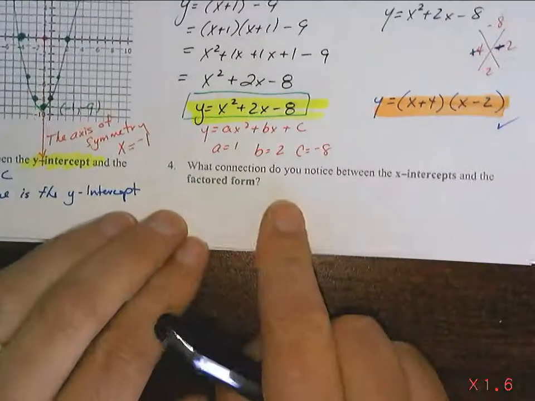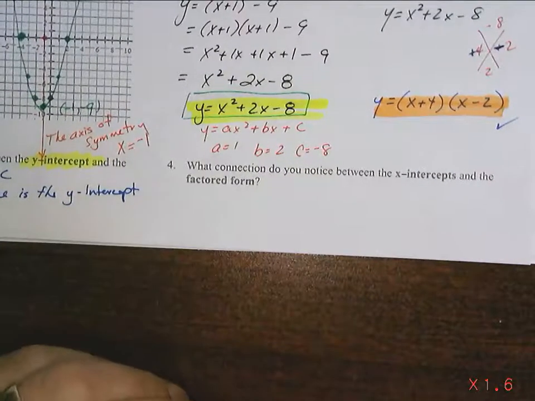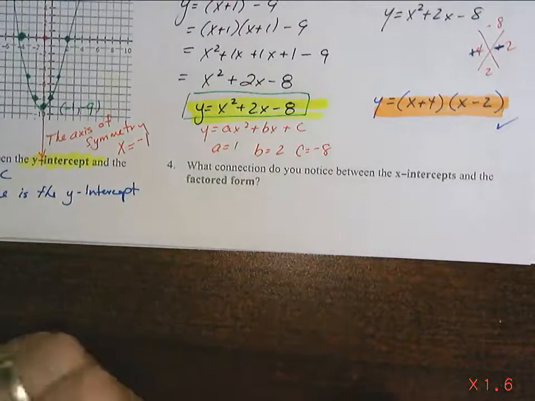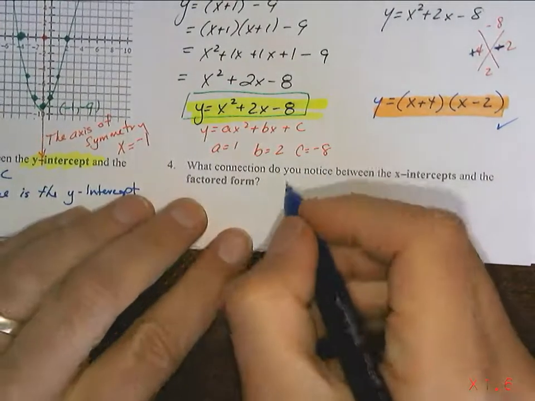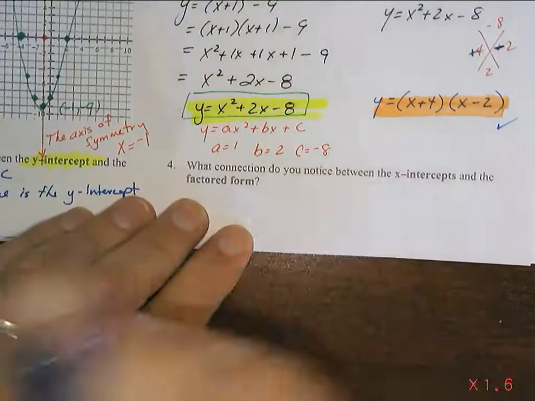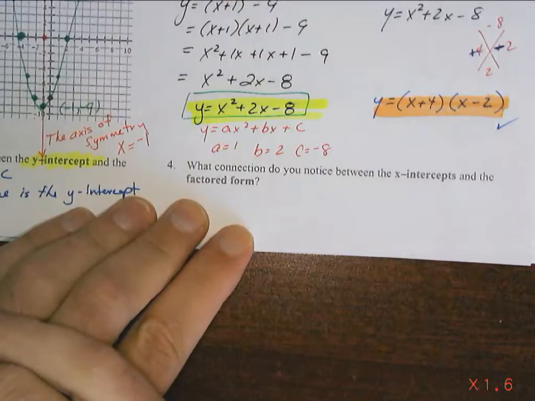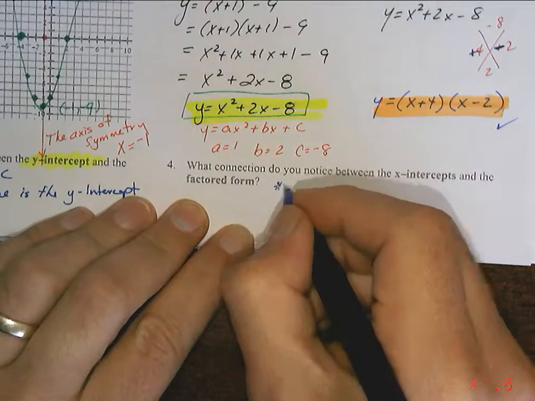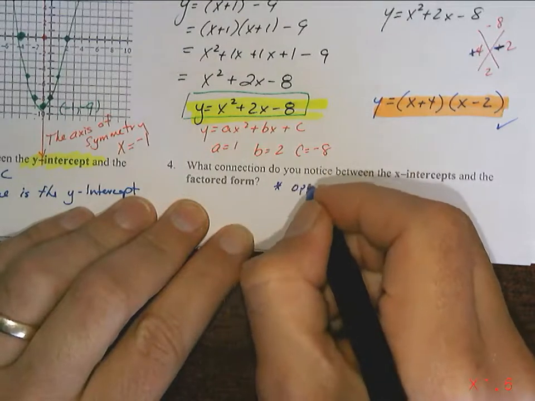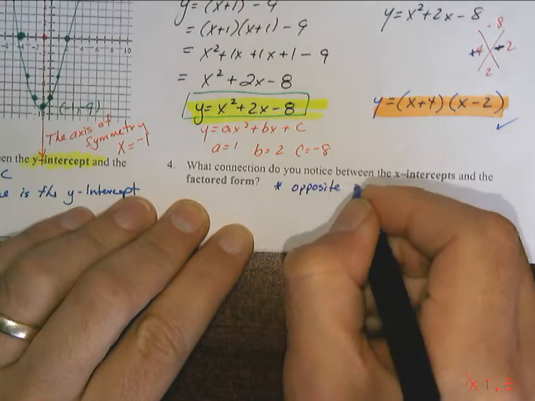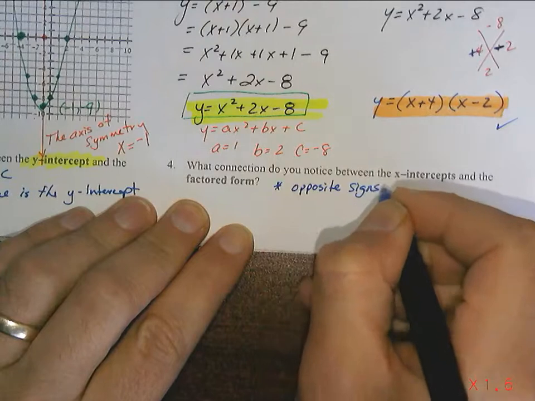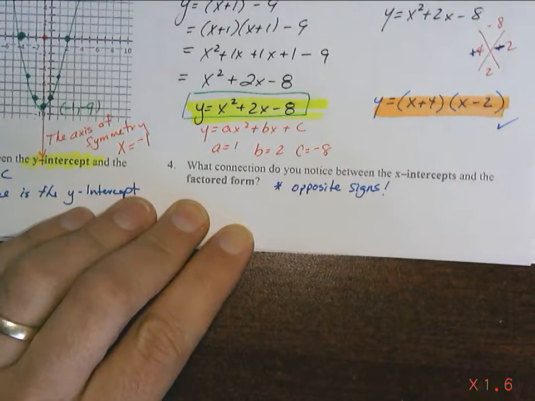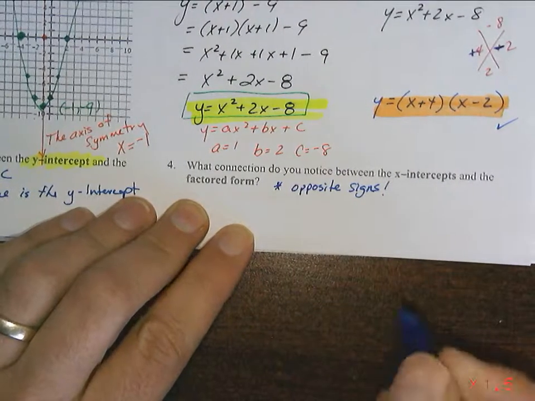What connection do you notice between the x-intercepts and the factored form? Well, the factored form, how can we say this? The x-intercepts are in the factored form, but the opposite side. Can we start by just saying opposite signs? And that's the first thing to make us remember it, right? But notice what we have here.